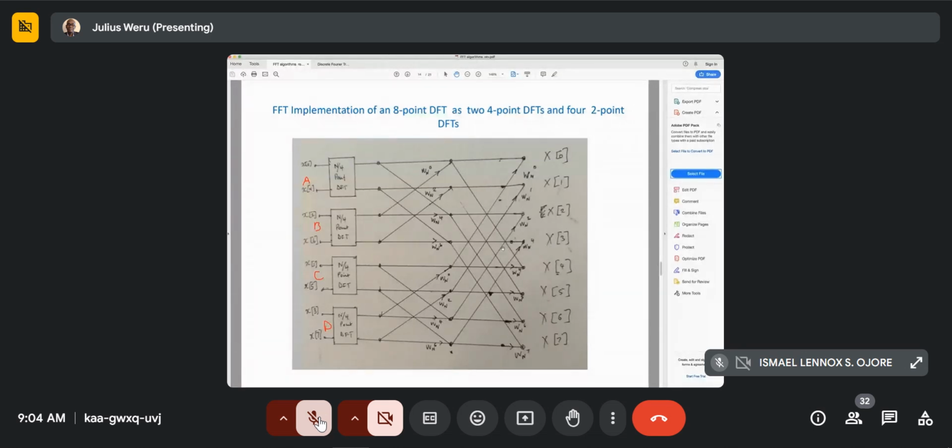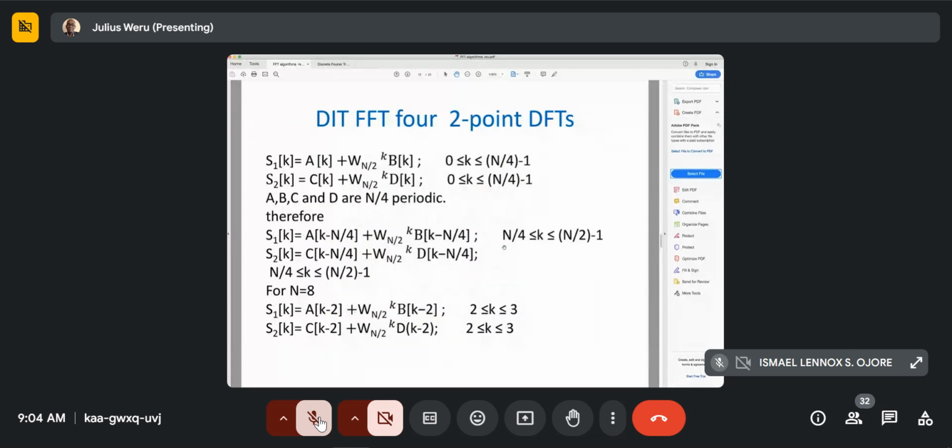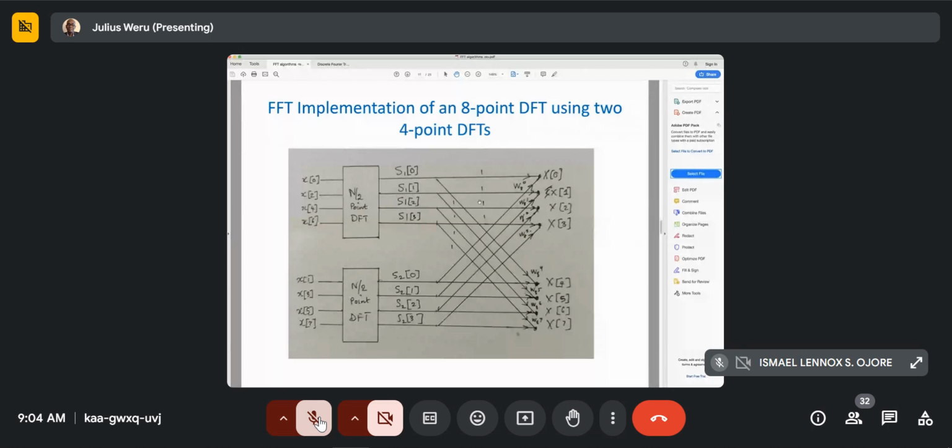Let's go back to where we were. I think we were here. So that is the first decimation, 8 point DFT to 4 point DFTs. Are we good so far?